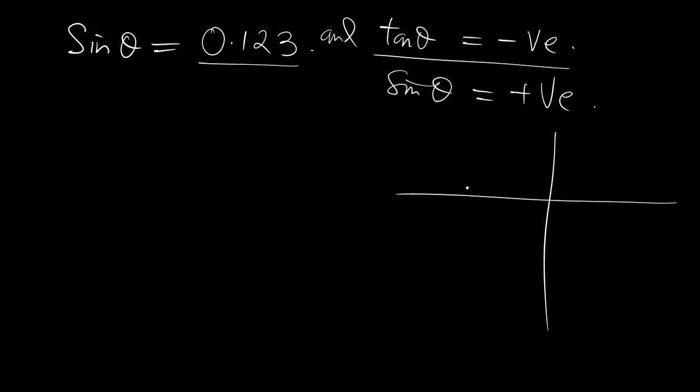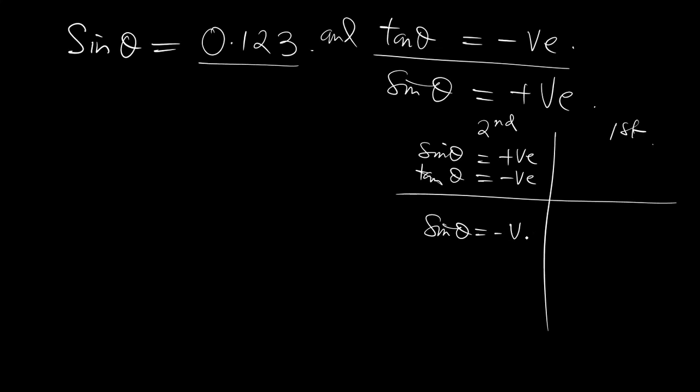When you look at the quadrants, in the first quadrant, all of them are positive. In the second quadrant, sine theta is positive and tan theta is negative. Here, sine theta is negative and tan theta is positive.